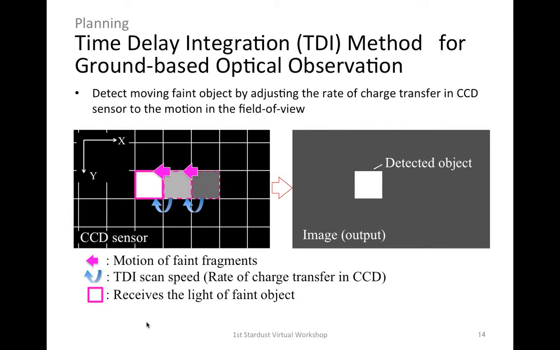Then, I will explain the detection system of Bisei Spaceguard Center. In Bisei Spaceguard Center, the time delay integration method is used. This method can detect moving faint objects like asteroids by adjusting the rate of charge transfer in the CCD sensor to the motion of the faint object in the field of view.